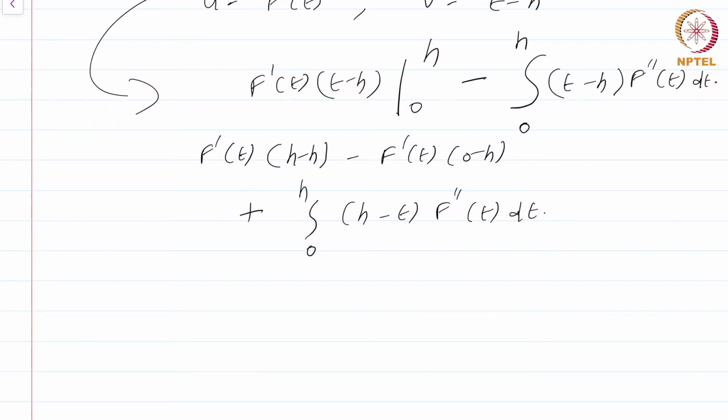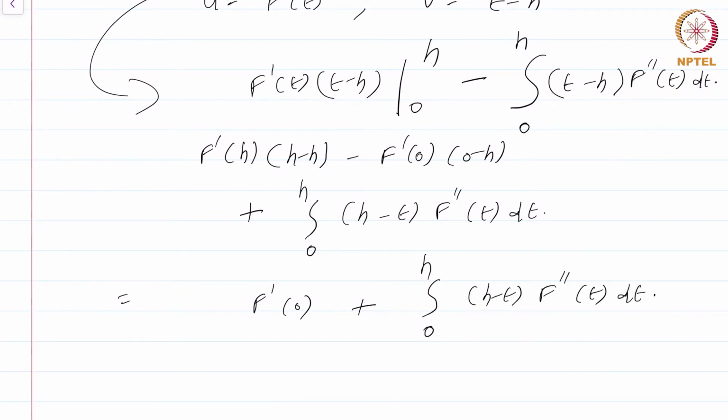Now observe that there is a minus sign near minus f prime of t into (0 minus h), and there's a minus sign inside, so this whole thing just becomes f prime of t into h, f prime of 0, sorry about that, this should be f prime of h and this should be f prime of 0. I forgot to substitute the limits for f prime. So this will just give you f prime of 0 times h plus the integral from 0 to h of (h minus t) f double prime of t dt.